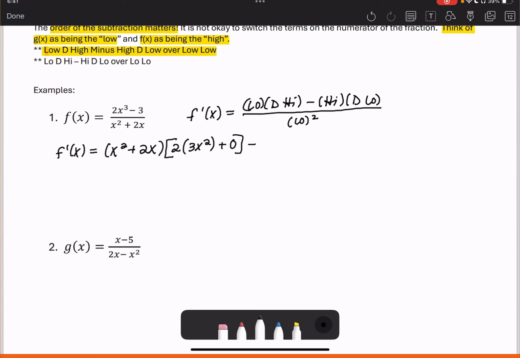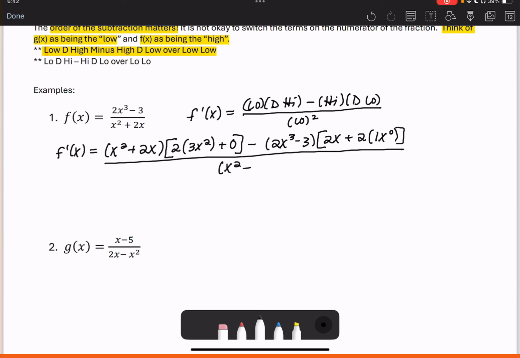And then minus high, so I'm just going to write that function that's on the top there, times the derivative of the low. So that's x squared has a derivative of 2x. And then the 2x has a derivative of 2, because 2 is a constant multiple. And then the x would be 1x to the 0, like that. And then over low low, so that's just going to be your x squared plus 2x squared.